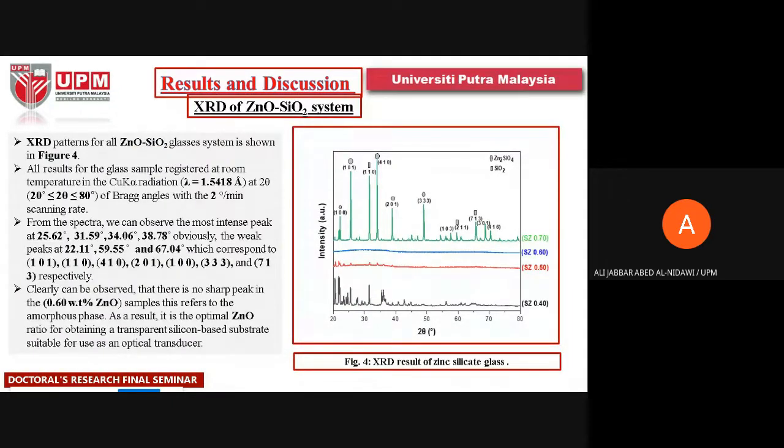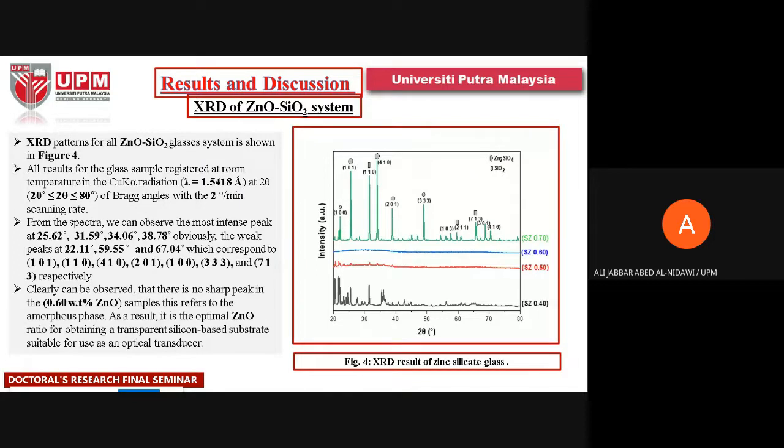The XRD result of the zinc silicate glass samples was registered at room temperature with lambda of 1.5 at 2 theta between 20 and 80.